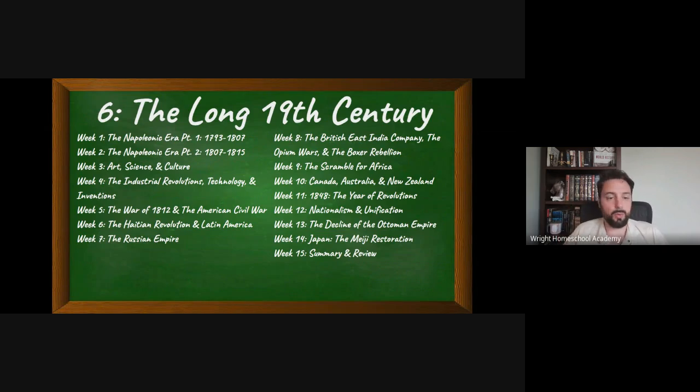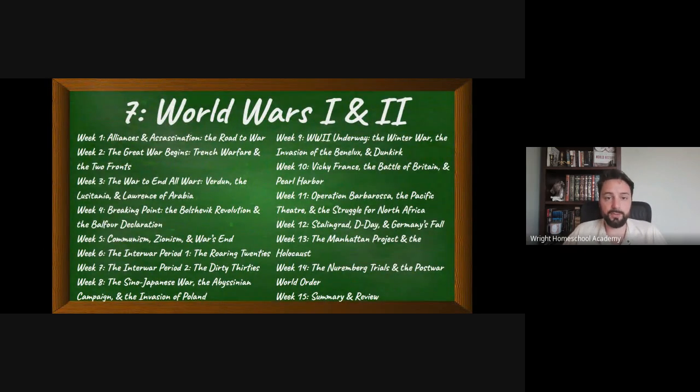This is a historical phrase which refers to the period from about 1789, so the beginning of the French Revolution, to 1914, so the beginning of World War I. Obviously, that's a little longer than 100 years, hence the name the Long 19th Century. And our final 7th section covers World Wars I and II in the 20th century. So going from about 1914 all the way to 1945, with a little bit on either end as well for context. Okay, so those are our 7 sections.